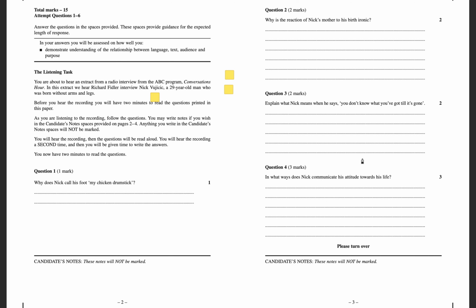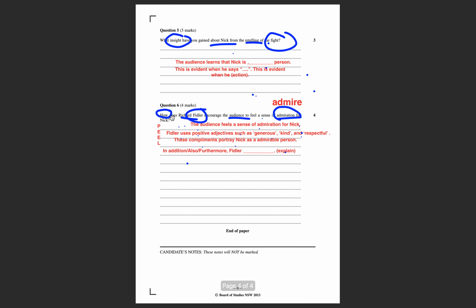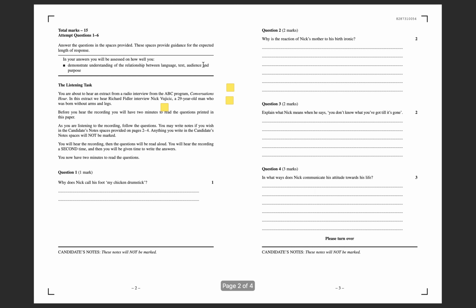But if you get a question like question 4, or even question 6, that require a PEEL paragraph, then you need to have a structure. So remember, what you need to take away from this is a question.